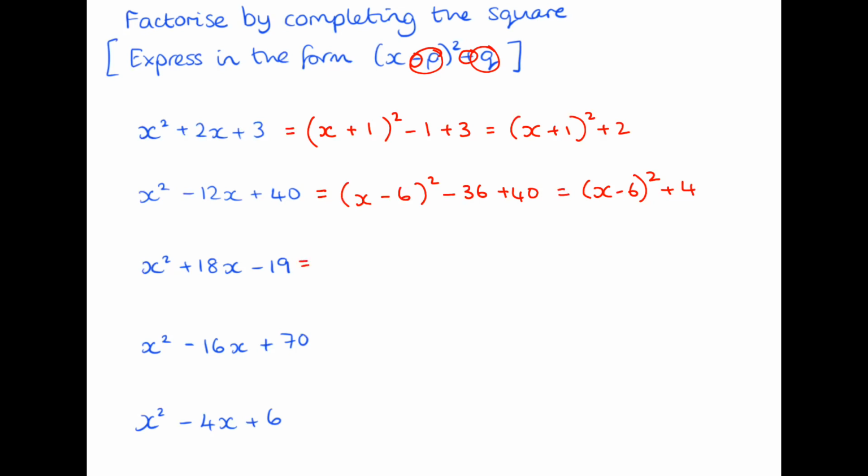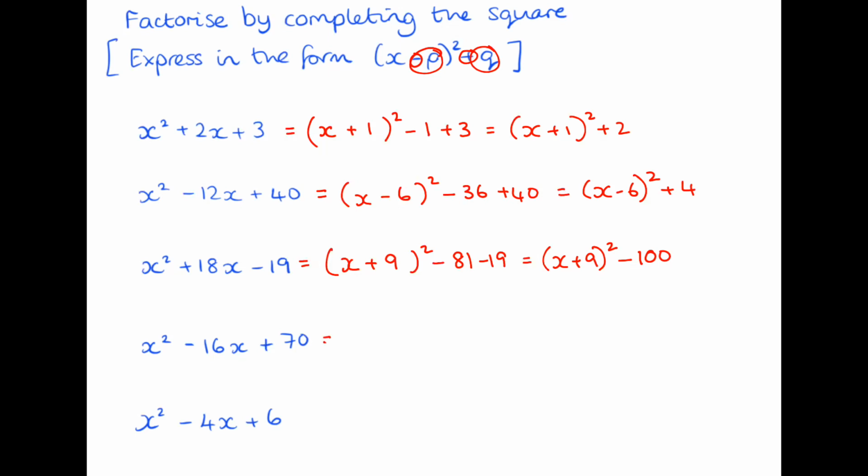Next one, squared bracket, x at the beginning, half of this number in the bracket, then subtract that number squared. You've still got a -19 on the end, so you've got (x plus 9) squared, and then -81 minus 19 gives you -100. And that's that one done.